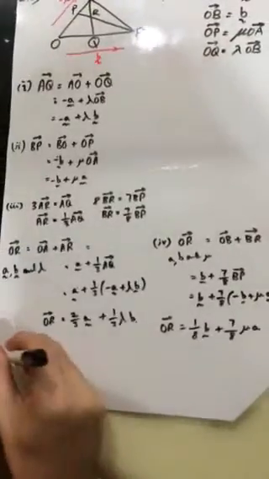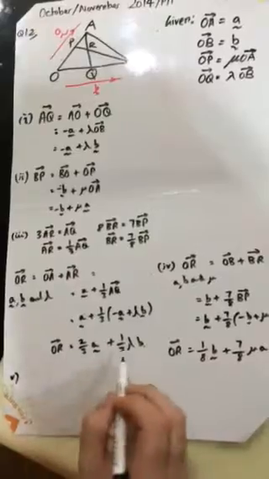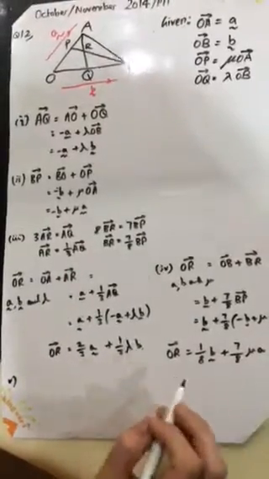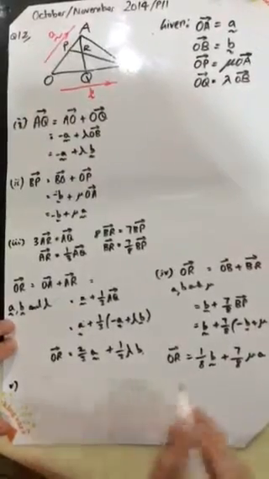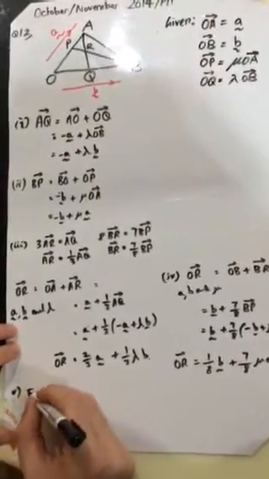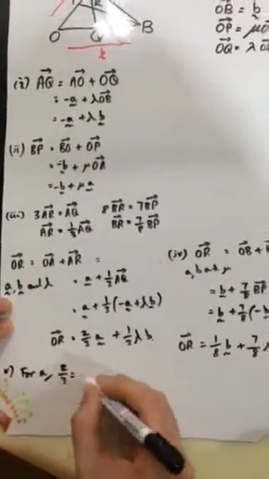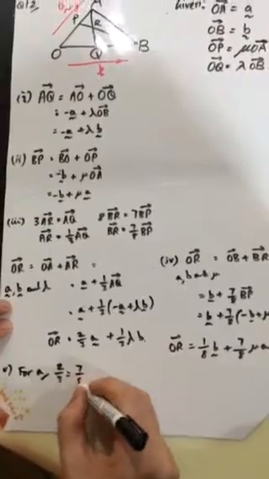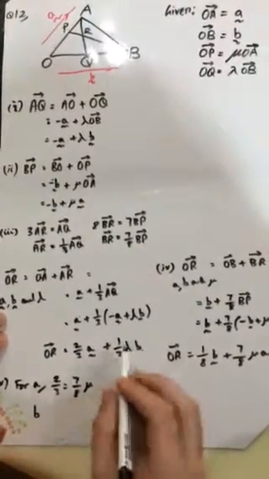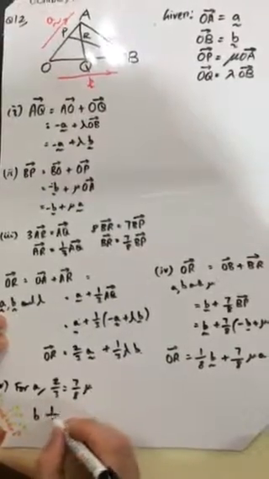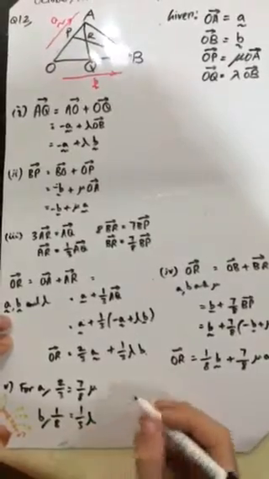And part 5 then asks us to find mu and lambda. Well, we can look at the coefficients of A and B and put them equal to each other. So for A, we can put 2/3 equals 7/8 of mu, and for B, 1/8 equals 1/3 of lambda.